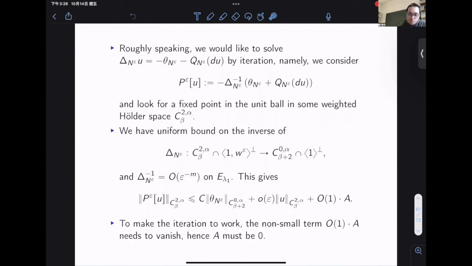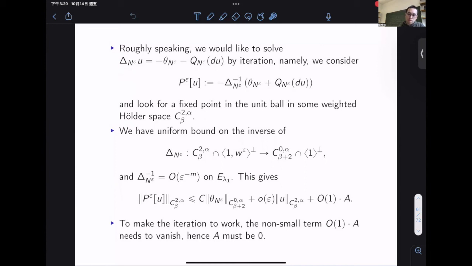Roughly speaking, we would like to solve this equation by iteration, where this Q is the quadratic error term that appeared earlier in the Taylor expansion of the Lagrangian angle of N_epsilon du. To do the iteration, we would like to find a fixed point of this map. This map P_epsilon sends u to minus the Laplace inverse applied to theta plus Q(du).